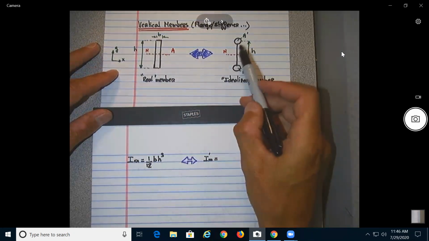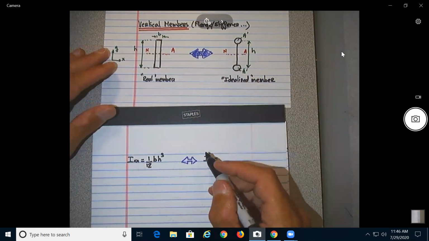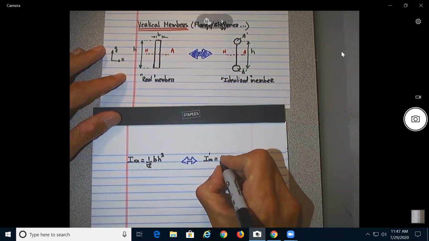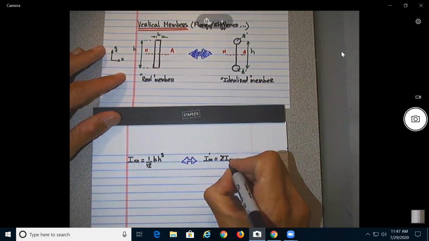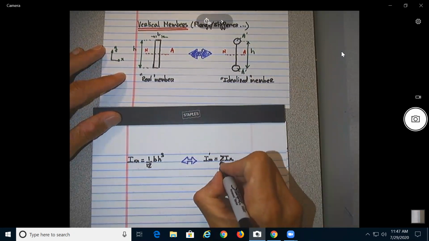So the moment of inertia of the two areas over here, generally they will be assumed to be zero. So this will be equal to the moment of inertia of the I_i, where i is 1 to 2.